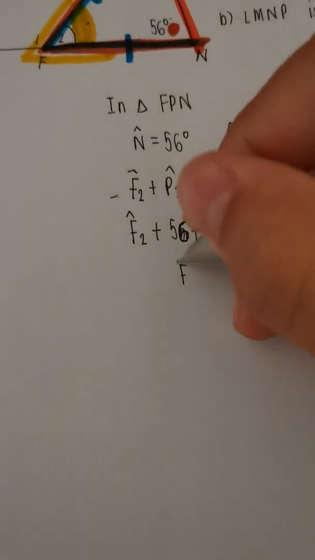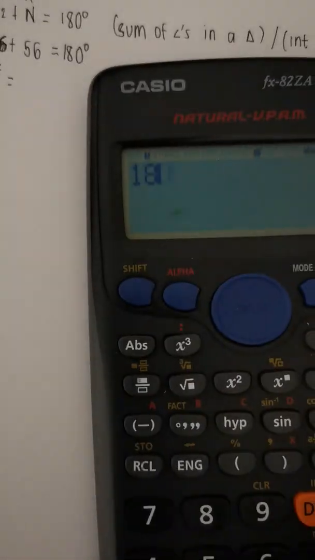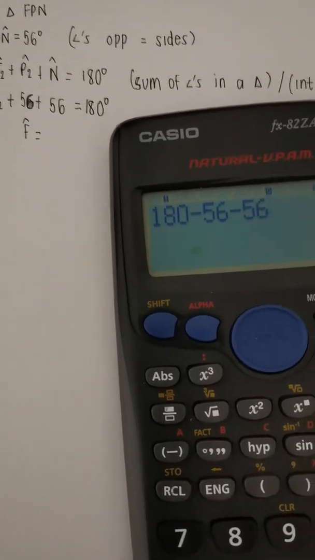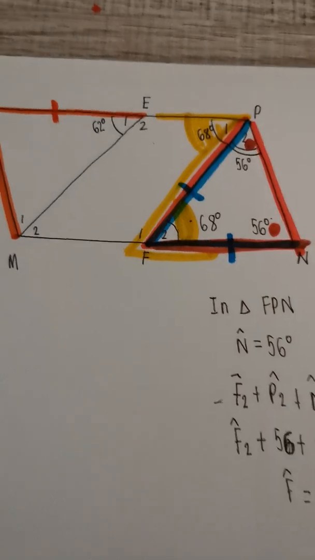So angle F2, wow, 68 degrees. And look there, 68 degrees, 68 degrees. It proves my alternate angle.